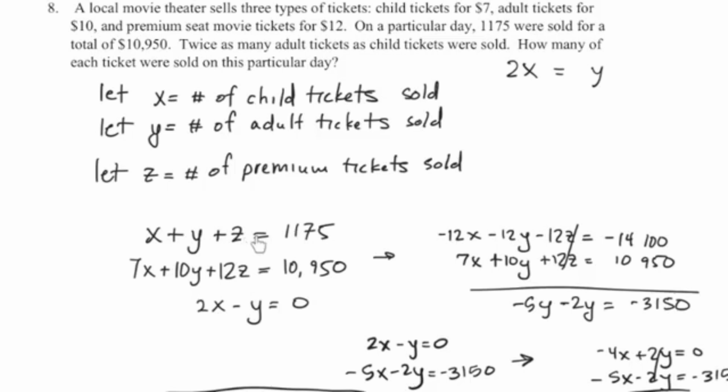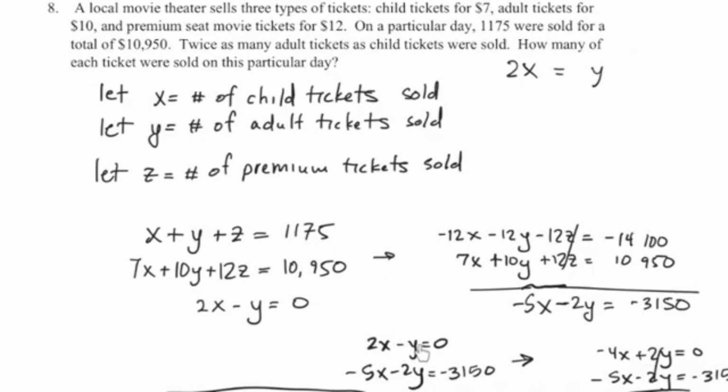If I multiply the top equation by negative 12, which I did here, and add it to the middle equation, z eliminates, leaving negative 5x, minus 2y. So then I combine negative 5x minus 2y equals negative 350 with the equation 2x minus y, which already had z missing, and solve this smaller system of equations.